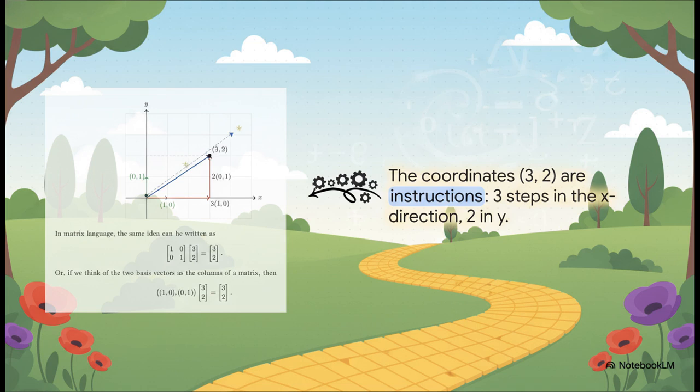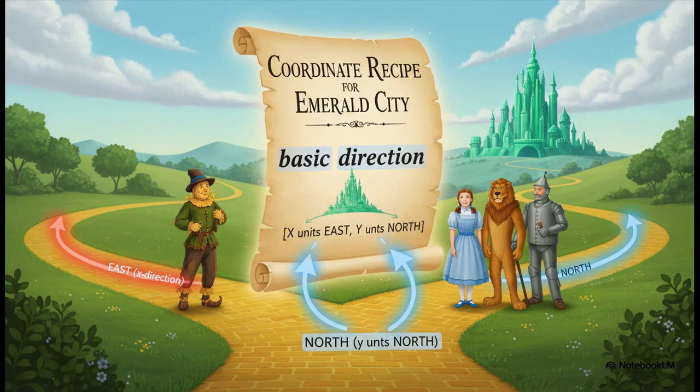So getting to the point 3, 2 is just combining those 2 basic movements. And that, right there, is the big aha moment. The coordinates we use to label a point are not just random tags. They are fundamentally instructions. They tell us how much of each basic direction we need to mix together to get to our destination. This is why points and vectors are so deeply connected.